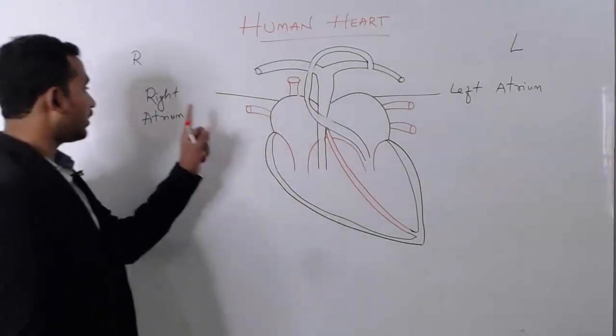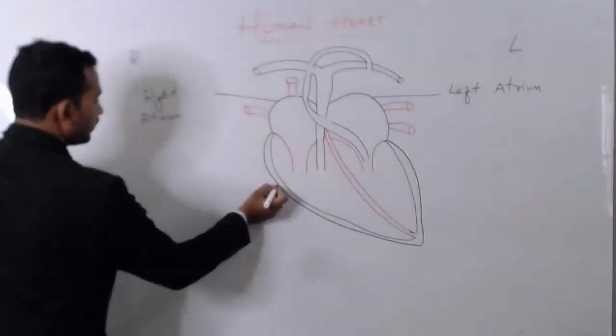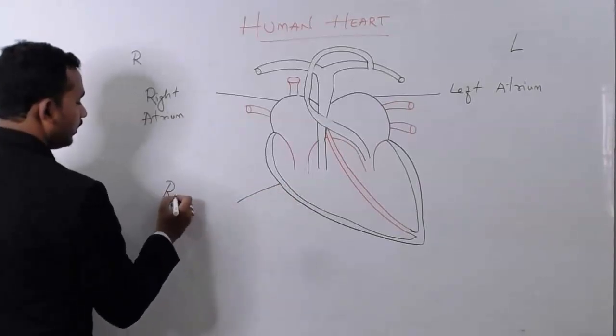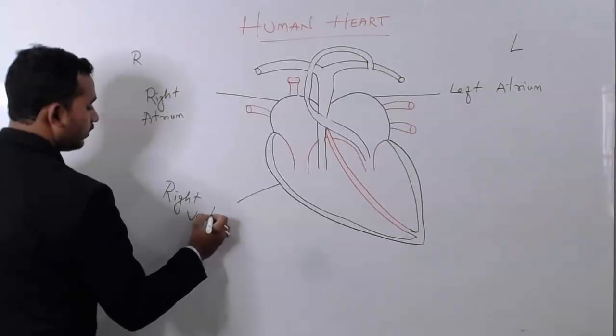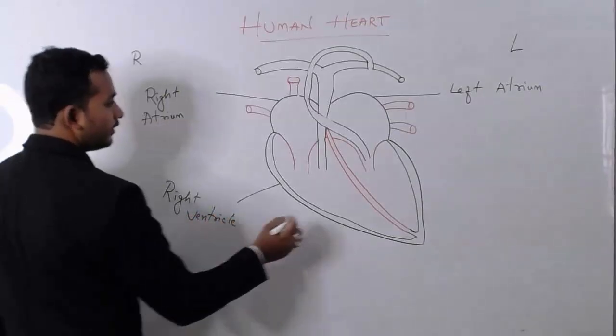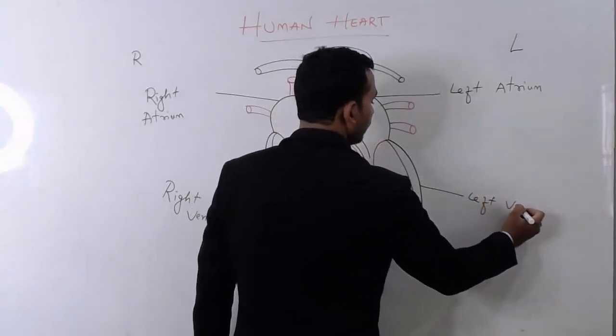So this is right atrium and this is left atrium. Similarly, this part is right ventricle, and next this part is left ventricle.